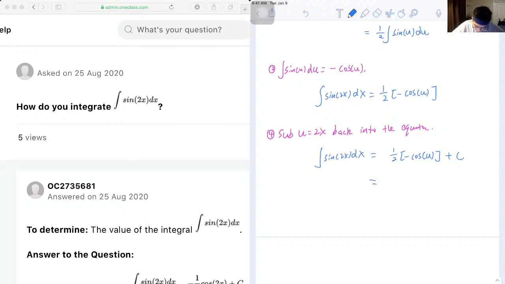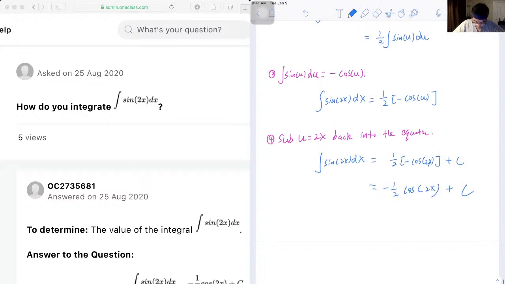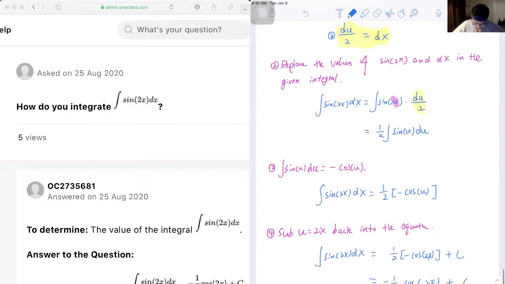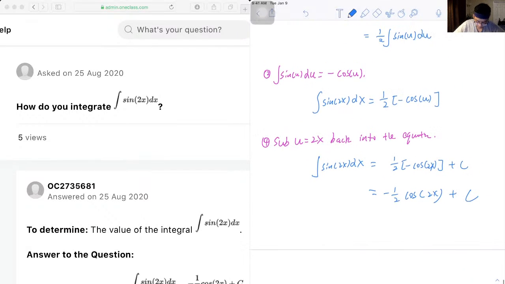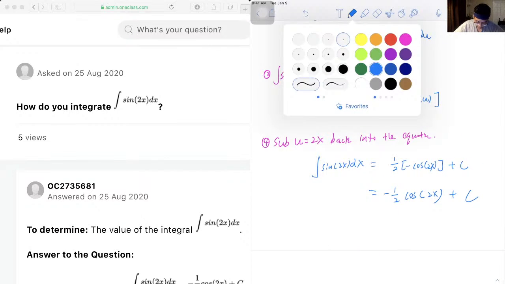And we take the negative sign out, so that's going to be negative 1 over 2 cosine 2x, and then plus c. Yep, so that's the end of this question, and we can write our conclusion.